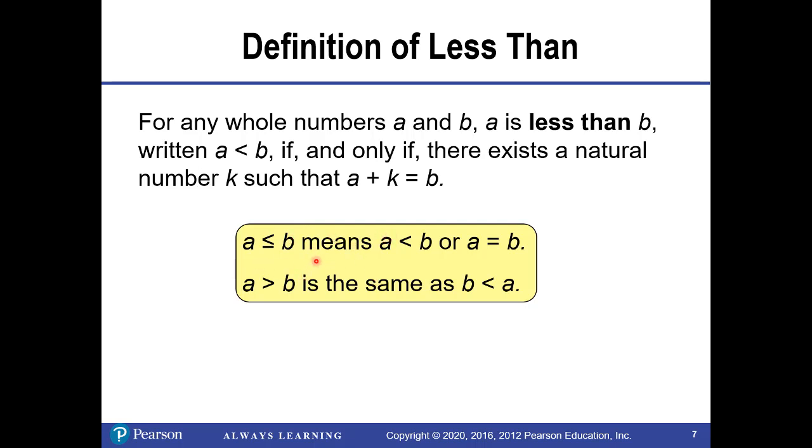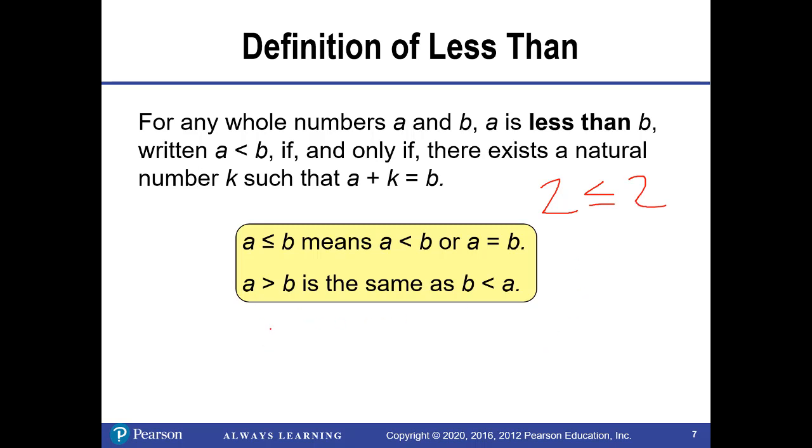So A is less than or equal to B means either A is less than B or A is equal to B. It could be either of those things. So it would be a true statement to say that 2 is less than or equal to 2. Perfectly true.